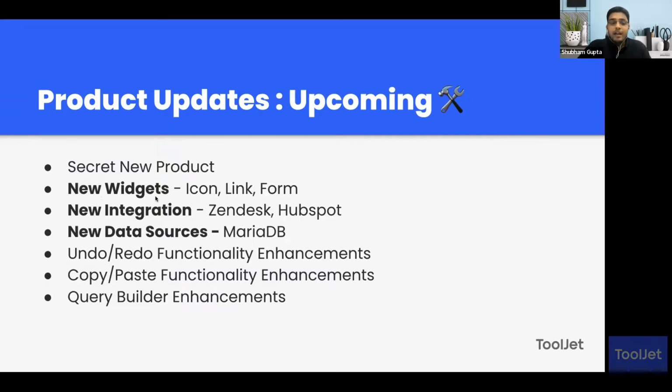Cool. After that, we are finally adding some more widgets which can be really useful, and they have been selected after constant feedback from a lot of our customers who engage with us on GitHub and Slack. These are the three widgets which we feel are highly requested from the community members.